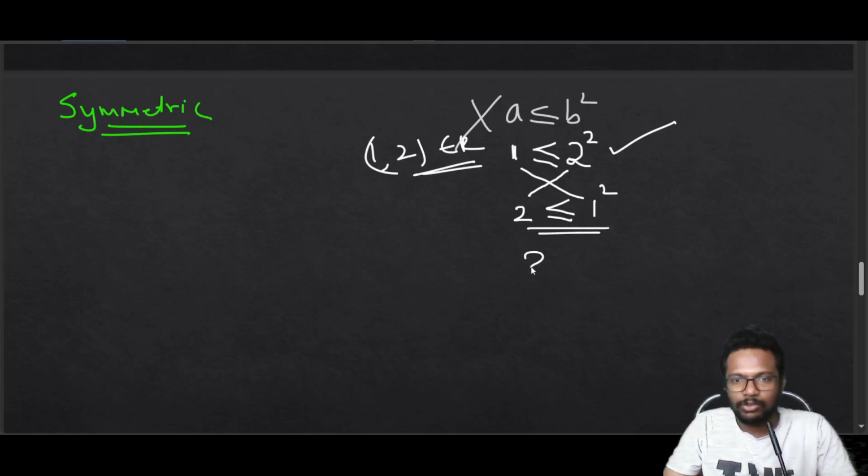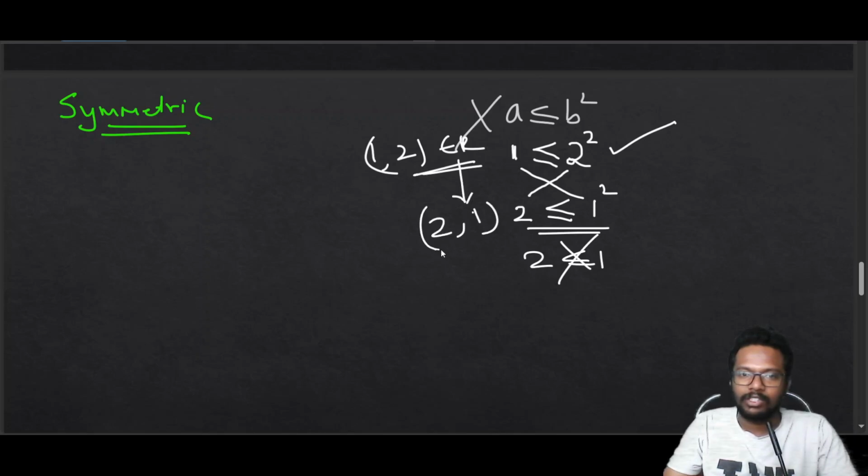It fails, because 2 less than or equal to 1 is not possible. So 1 comma 2 is there, but 2 comma 1 is not present in R. It is the best example.